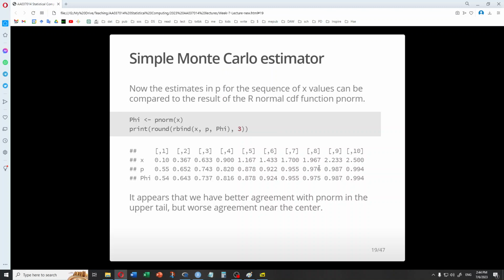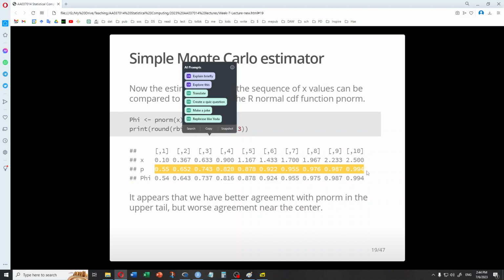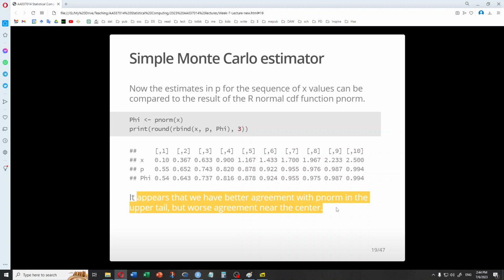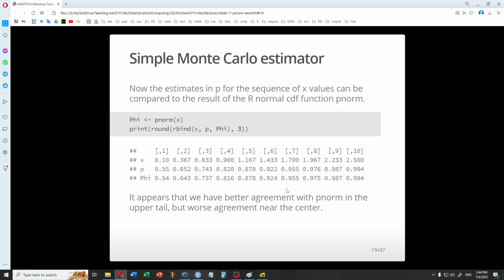Probably you get a slightly different number from mine, because we didn't use any set seed function before, but the pattern should be the same, where you can see that towards the middle they seem very different. So the conclusion here is that it appears that we have better agreement with pnorm in the upper tail, but worse agreement near the center.